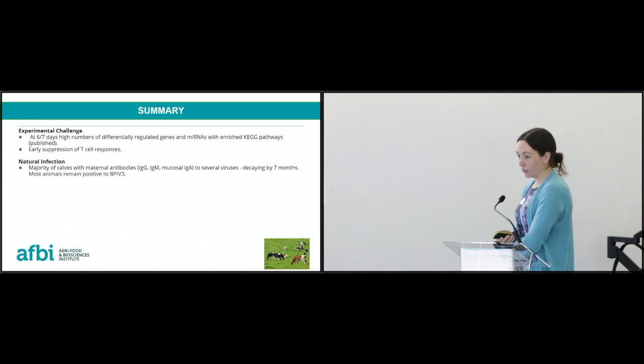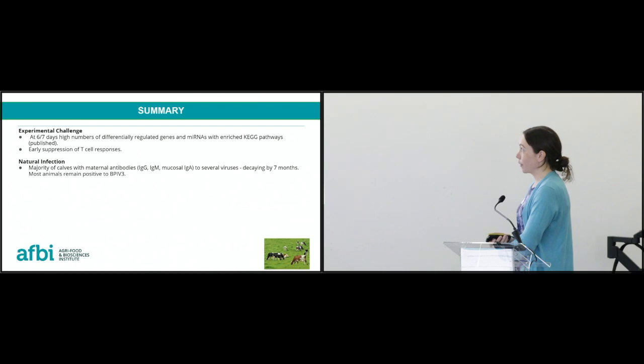In our natural infection study, given the age of the animals, we assume that what we're measuring are maternal antibodies, and that these calves have maternal antibodies against the different viruses that we tested, and that they are decaying by 7 months. However, most of the animals remained positive for antibodies to bovine parainfluenza virus at the later time point.